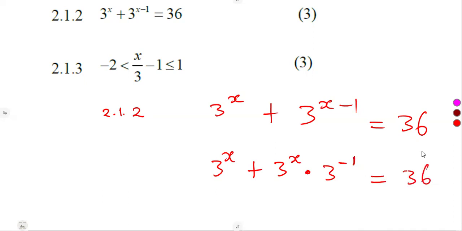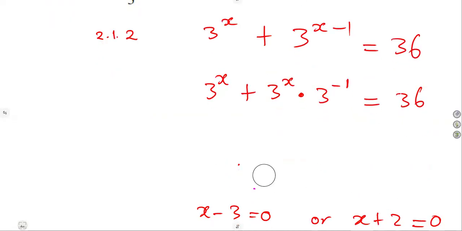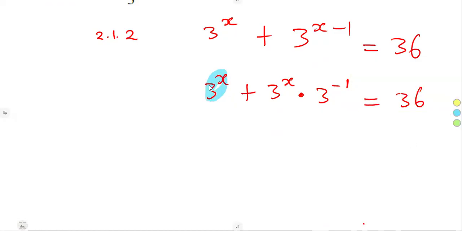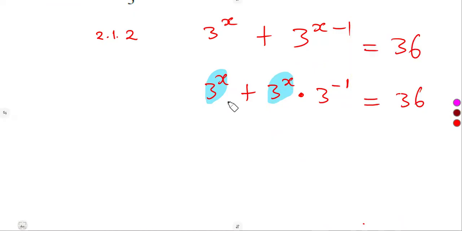Now remember, from the factorization concept, since there is a term that is common, 3 to the exponent of x, we can factor it out. But remember, when a number is not given on this one, it is the same as having a 1.